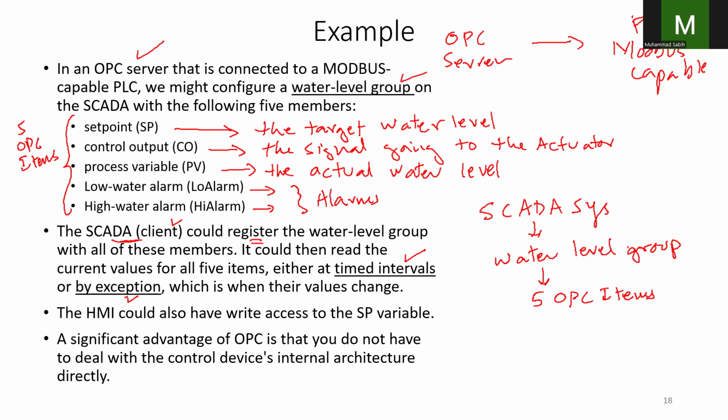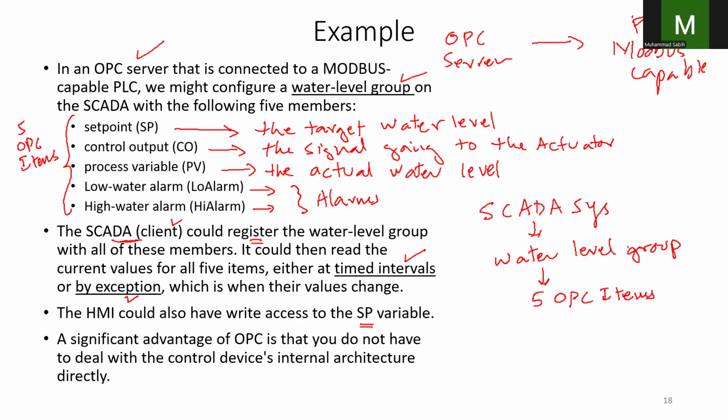By exception means whenever the set point changes, for example, for a new target value, then it will send the data. And also the HMI is able to write to the OPC server whenever the set point variable has a new target.